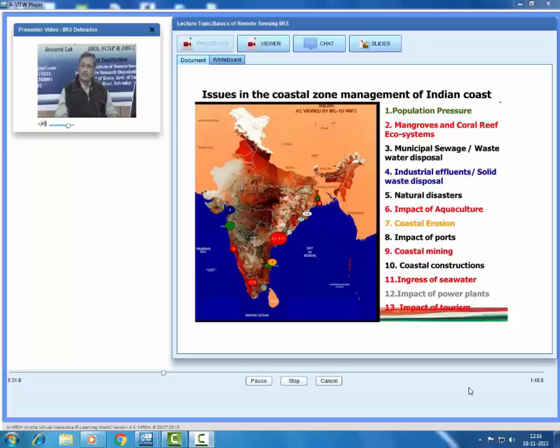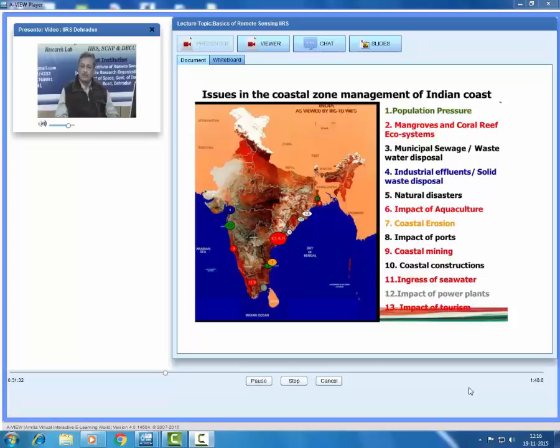There is a pressure on mangroves and the coral reef ecosystem, which are very important when coastal ecology is concerned. But mangroves are getting degraded, the coral reefs are declining because of a lot of anthropogenic and natural activity. There are issues pertaining to municipal sewage and wastewater disposal in the coastal area. Lots of industries are dumping industrial effluents or solid waste in the coast.